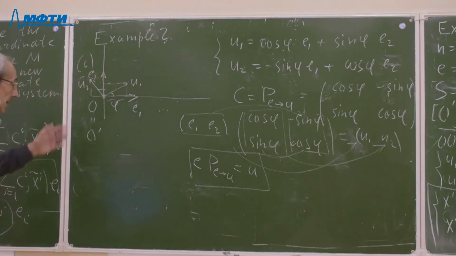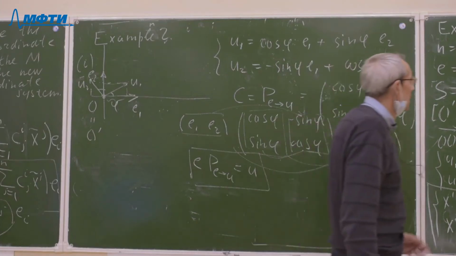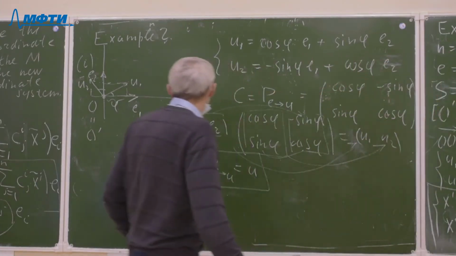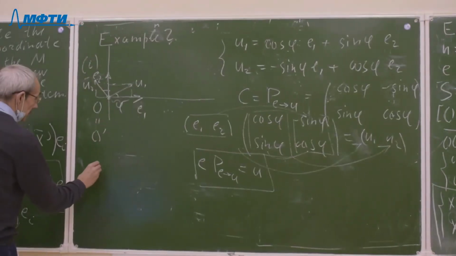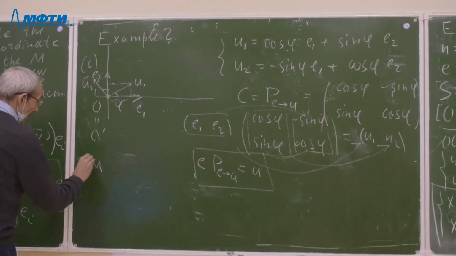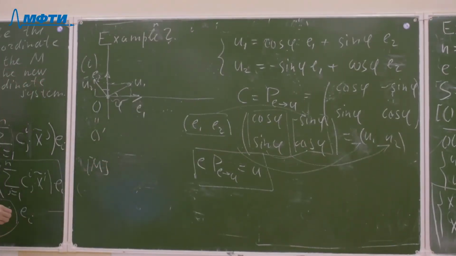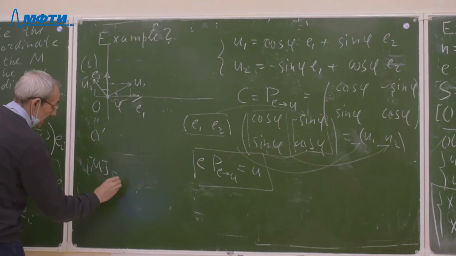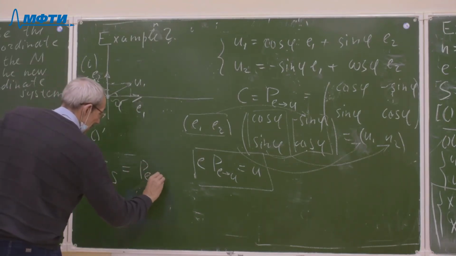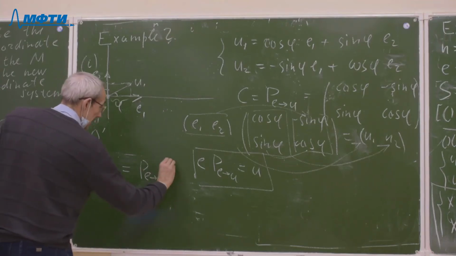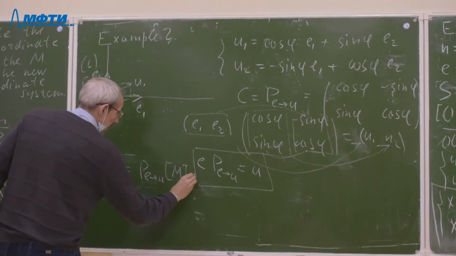And in this case, we can rewrite the formula for the coordinates of the arbitrary point M in the old coordinate system S in this form, using M in S prime.